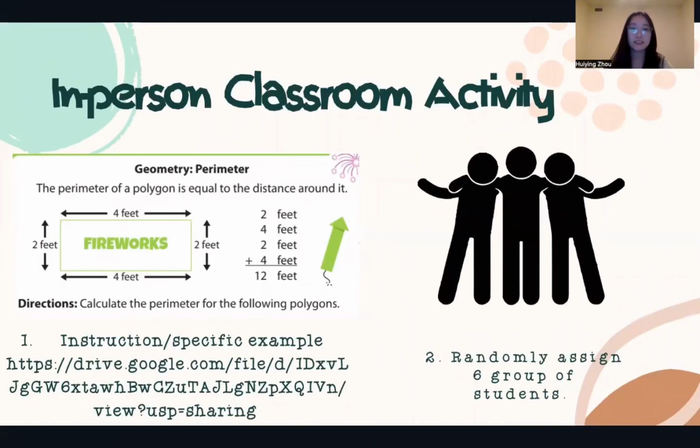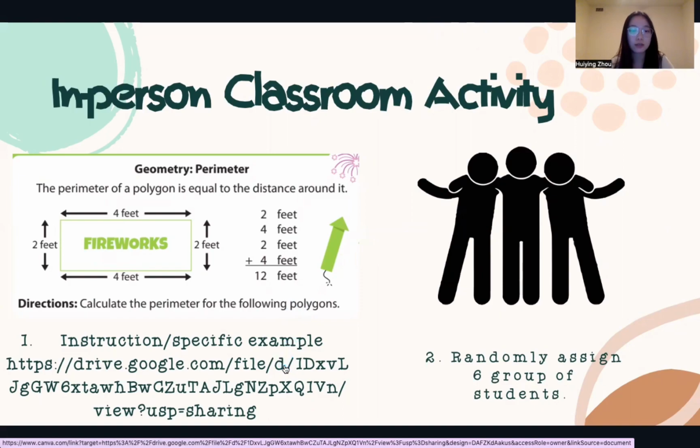This in-person classroom activity is to estimate student ability to solve perimeter questions, so it can also be used for formative assessment. This activity is like a gallery walk. For the first step, the teacher gives instruction and provides a specific example for the students.